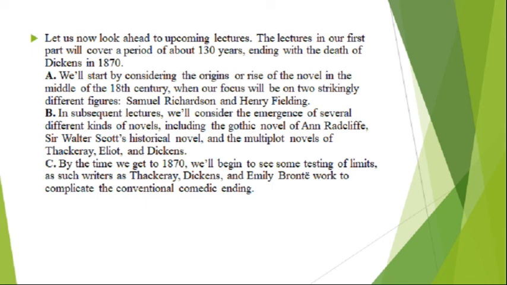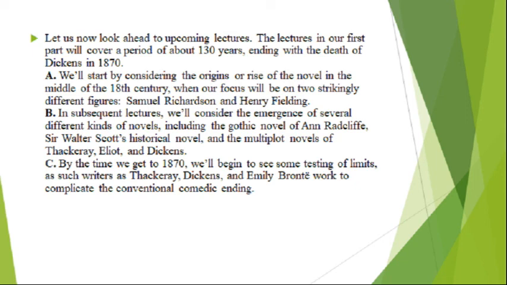In thinking about the work of Anne Radcliffe, we'll look at the Gothic novel, which was enormously popular from the 1790s to the 1820s. In thinking about Sir Walter Scott, we'll look at the historical novel, which shares a number of concerns with the Gothic novel, but emerges at a somewhat later period, appearing in the 18-teens and gaining enormous prestige through the following decades.